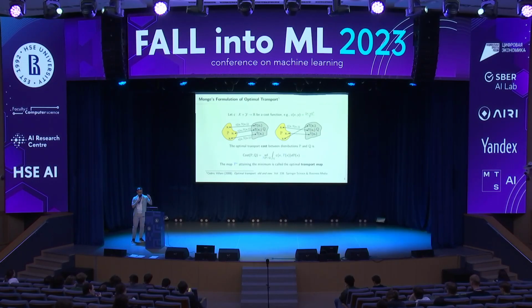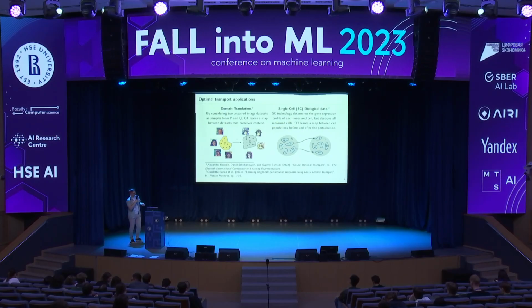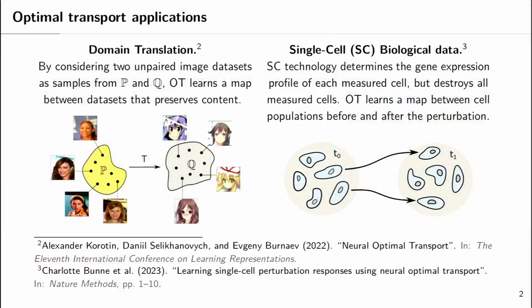So we just want to map one distribution into another, but we want to preserve content. Okay, so this problem is popular in the field of domain translation, in which we usually think that P is a distribution over some images, and Q is also a distribution over images, but in a different style.